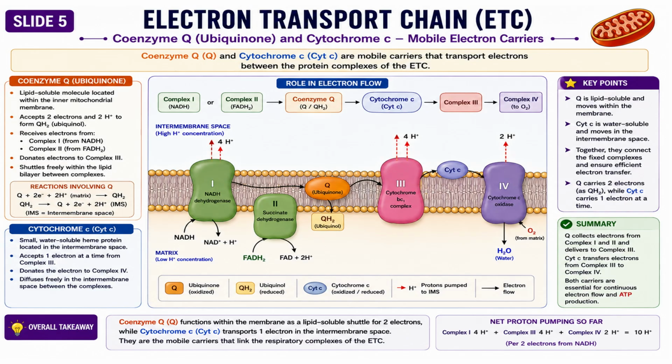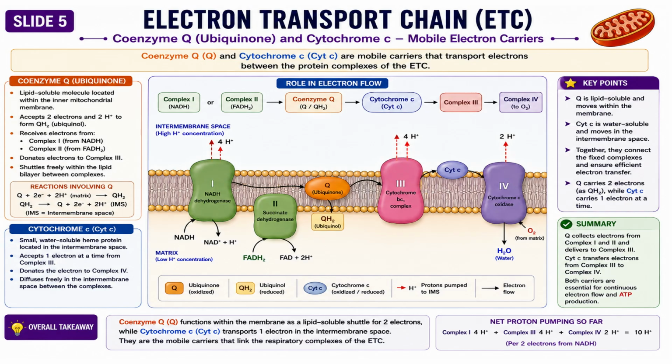Cytochrome C is a small, water-soluble protein located on the intermembrane space side of the inner mitochondrial membrane. It receives electrons from complex 3 and transfers them, one at a time, to complex 4. After donating its electron, cytochrome C becomes oxidized and is ready to participate in another electron transfer cycle.